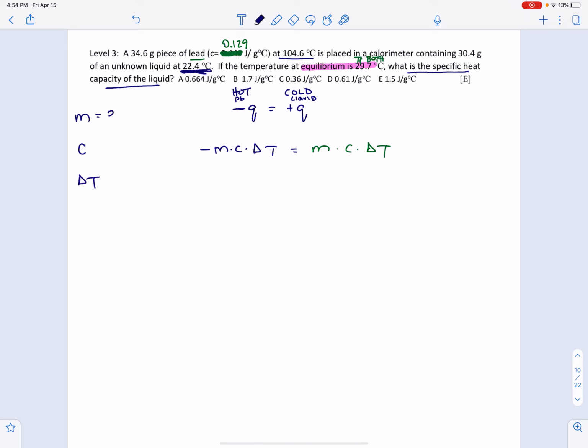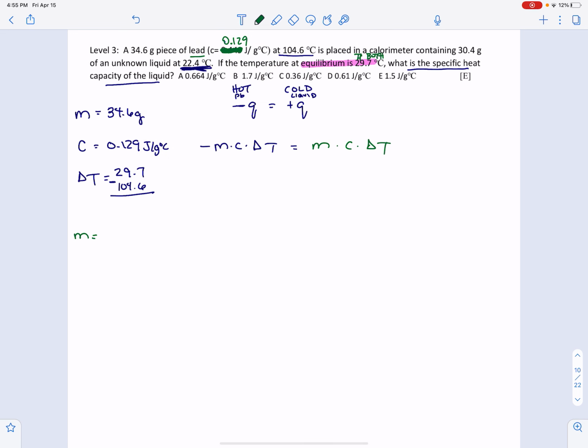But so I've got that being 34.6 grams of lead. And then this is my specific heat, and I've got all my units with it. And then my final temperature is that 29.7, and my initial temperature is 104.6. And then I'm not going to put it in my calculator. I'm just going to keep filling in my terms here, just for consistency.